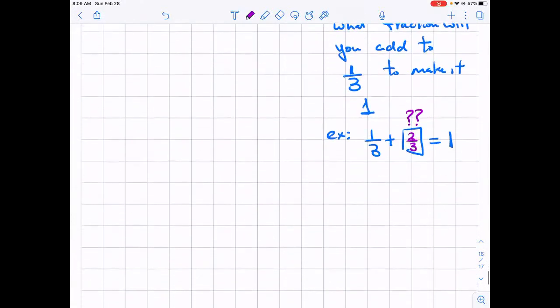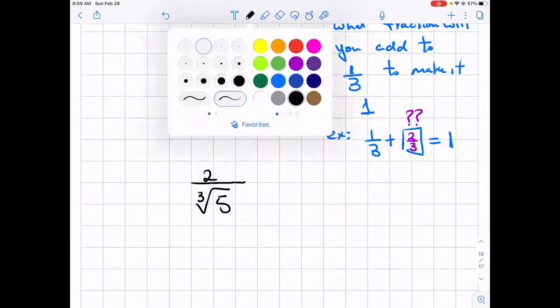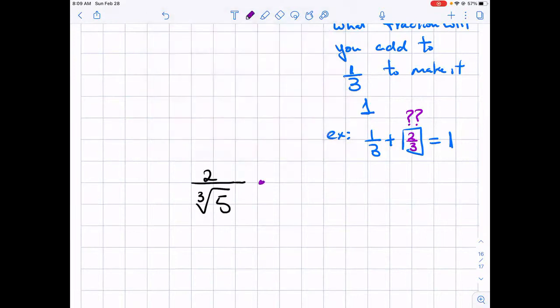So for our example, where we had 2 over the cube root of 5, we multiply by the conjugate, which is the cube root of 5 squared.